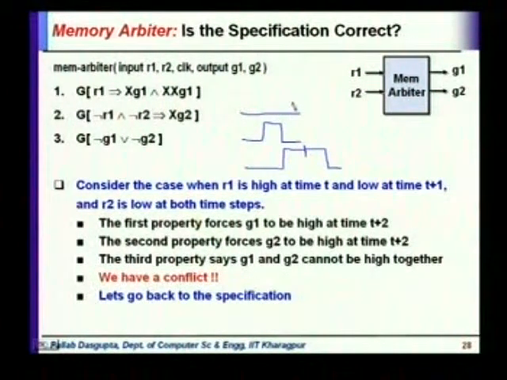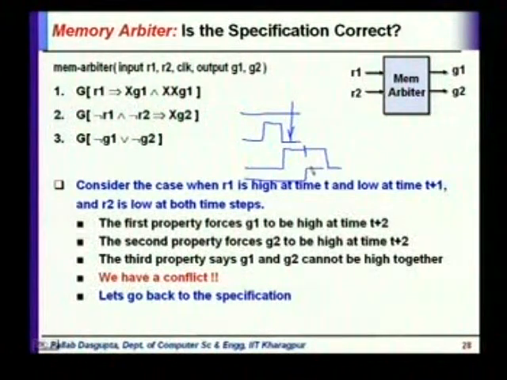Now, if you look at this cycle, then R1 has become low, R2 is also low. So this property requires that G2, that is the other grant, should rise here, because in this cycle we had both R1 low and R2 low.